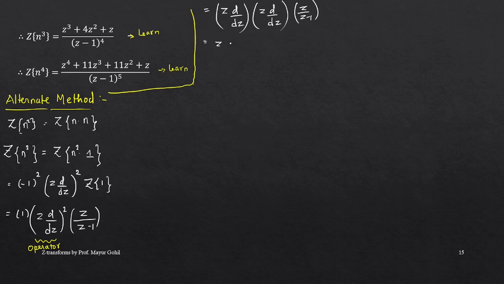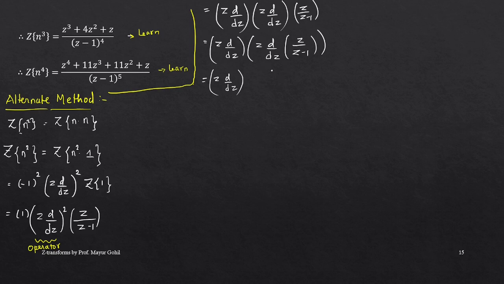So z d by dz operates, and this derivative is of z over z minus 1. Take the derivative and get it done. So let me just show you that calculation here. When you do that calculation, you will get z d by dz, the operator as it is, and this answer will give you minus of z over z minus 1 the whole square.